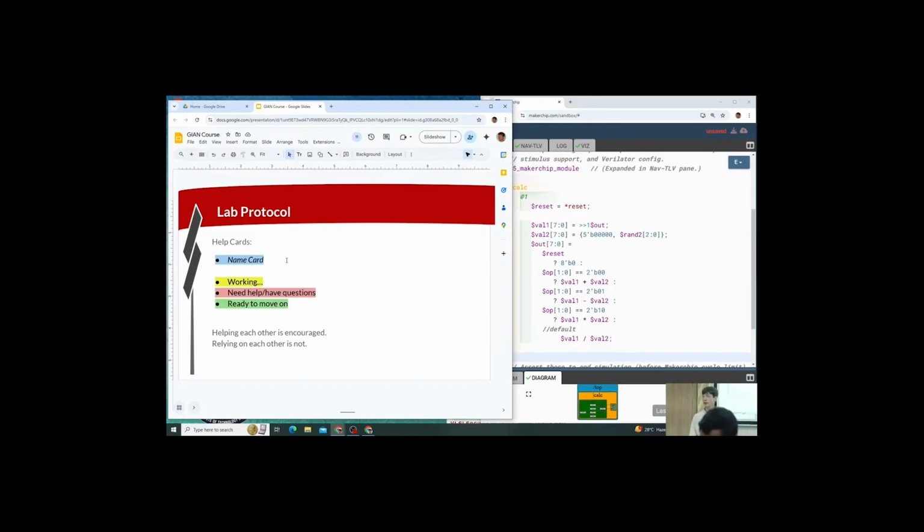The blue card is just a name card. If you wouldn't mind writing your name on it. Fold the cards in half to make a tent. Write your name on it. I'd like to know your names. And the other cards also make a tent.